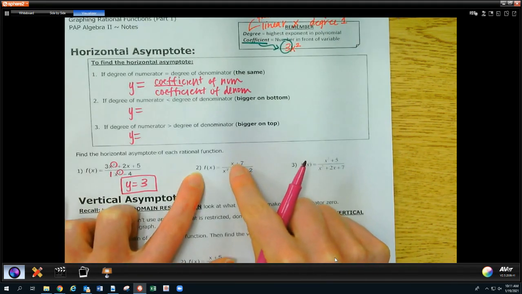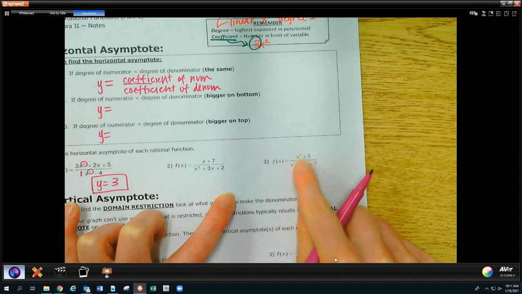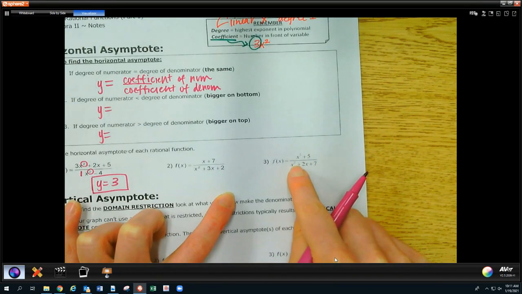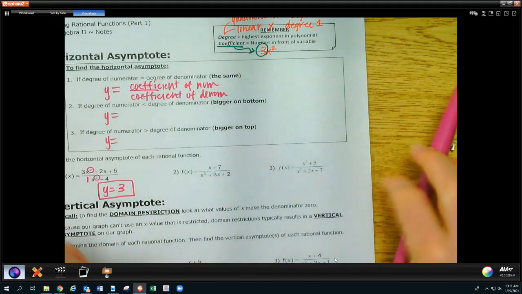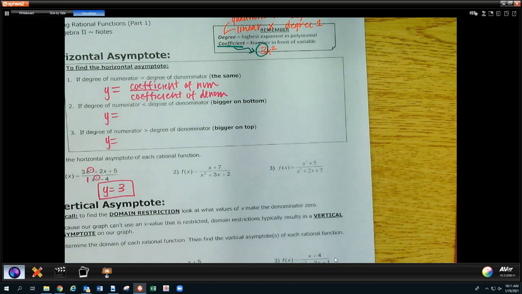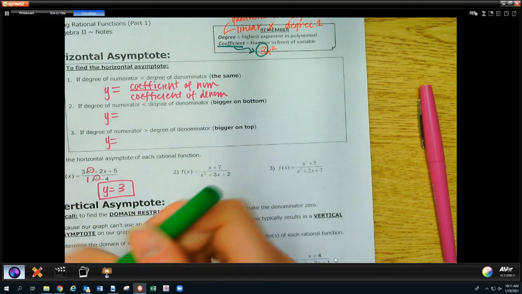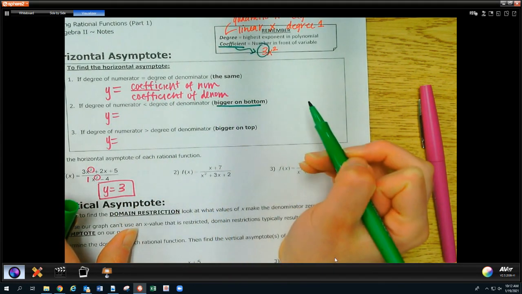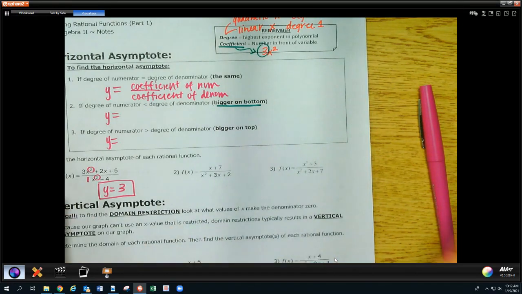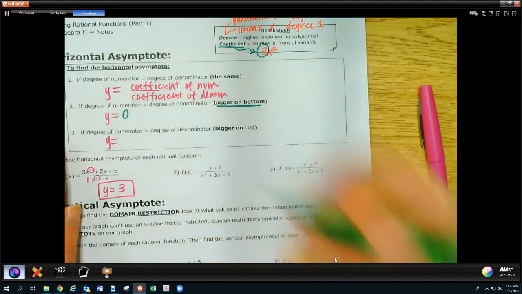For number 2, we have a linear over a quadratic. Those are not the same. Here we have degree 3 over degree 2, still not the same. That's if the degrees are the same, you divide the coefficients. In the case where the degree of the numerator is smaller than the denominator, meaning it's bigger on bottom, we have y equals 0.